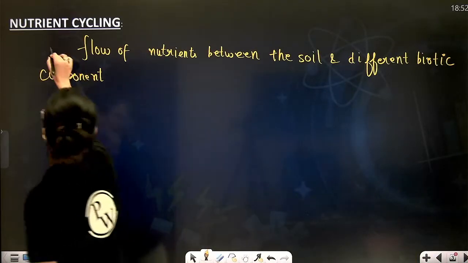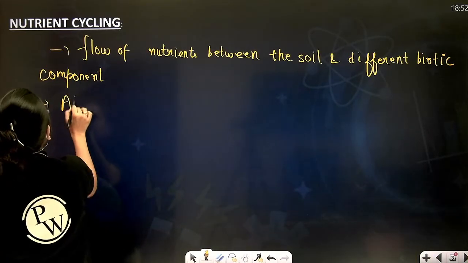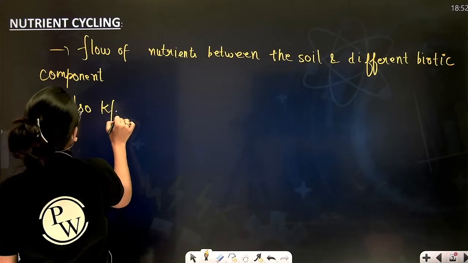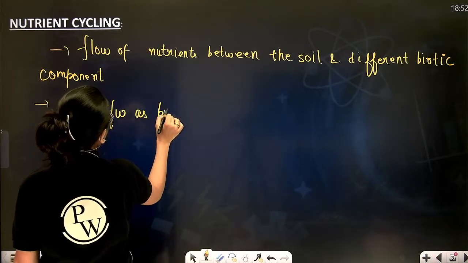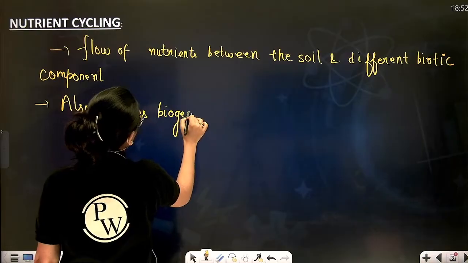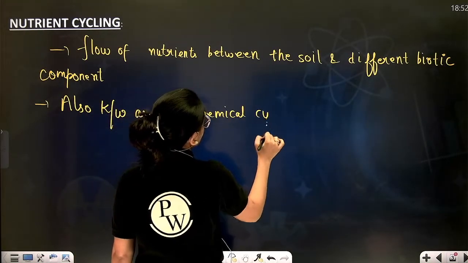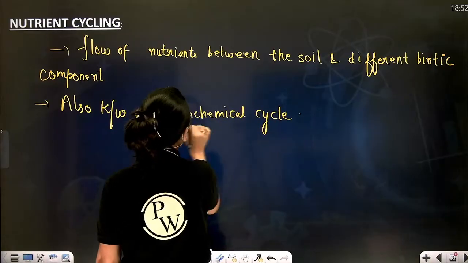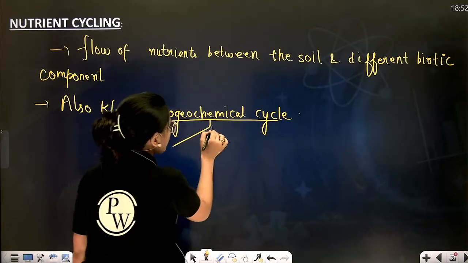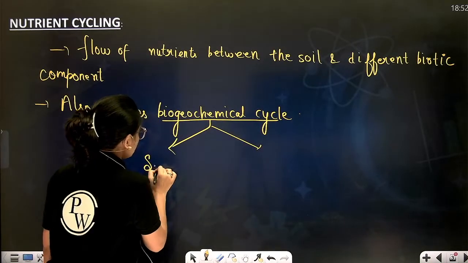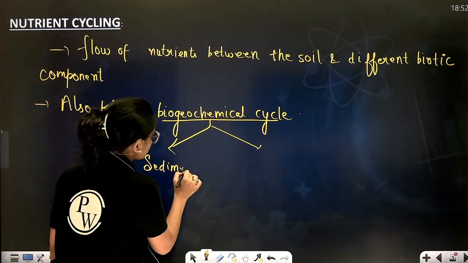Second important point you will write, nutrient cycles are also known as biogeochemical cycle. This is the other term, and there are 2 types of biogeochemical cycle: sedimentary and gaseous.